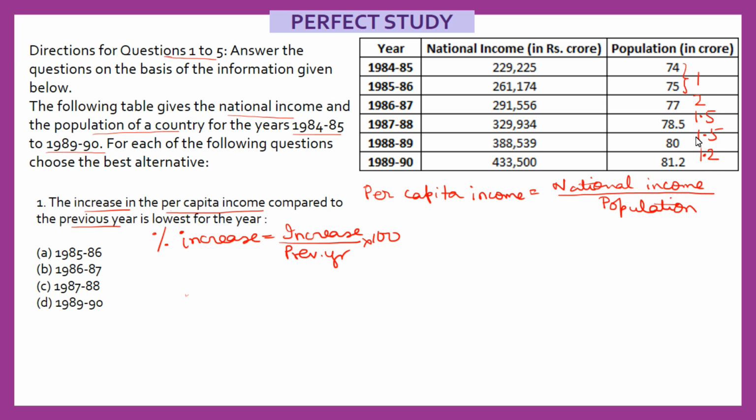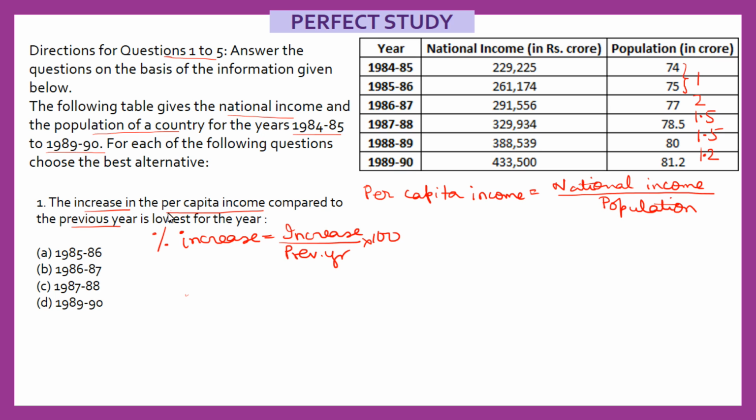There is not much variation in the population increase compared to the increase in national income, which actually means that even if we do our calculations simply based on national income, instead of doing it based on per capita income, we are going to get the same answers, except if somewhere it is very close, then we will see how to adjust for that.